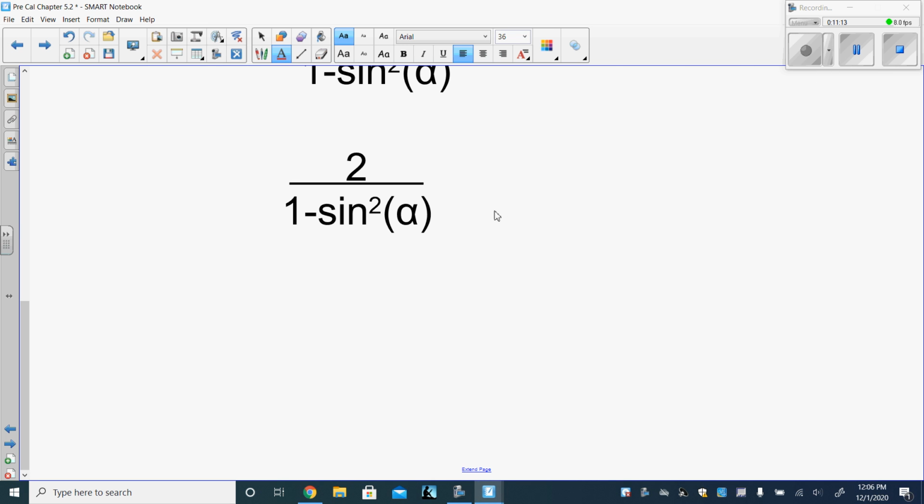Well, hey, look, I have 1 minus sine squared. Well, 1 minus sine squared is the same as cosine squared. So really what I have here is the same as 2 over cosine squared.